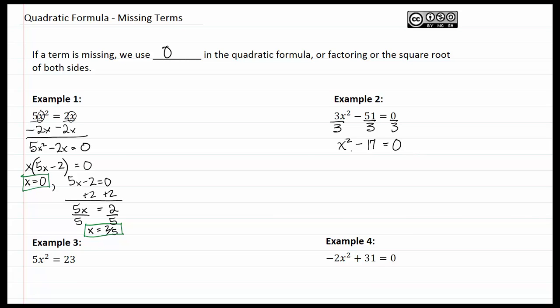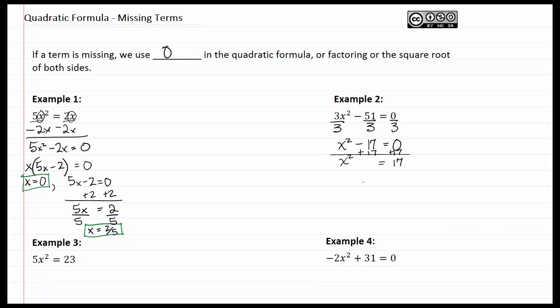Well, this is cool. I have an x squared and I've got a whole number. The next step is setting the x portion of my equation equal to the number. So I'm going to add 17 to both sides. And when I get that done, I get 17.